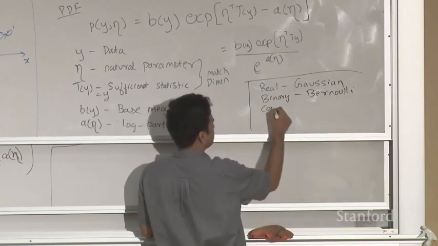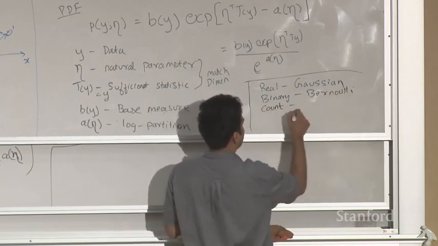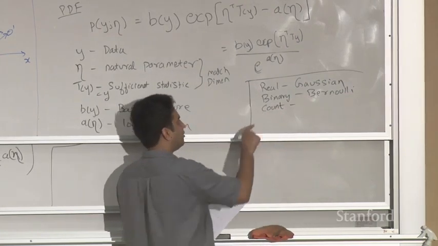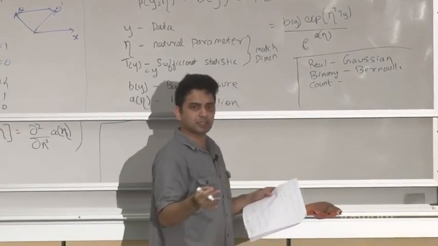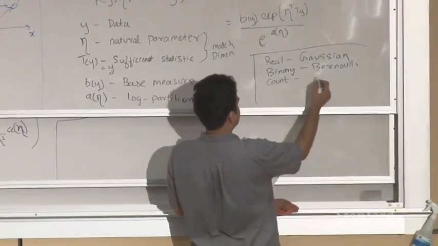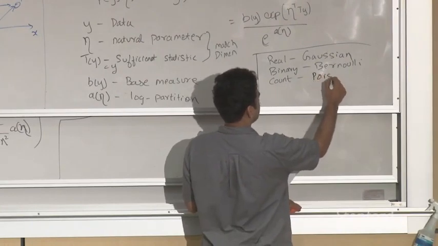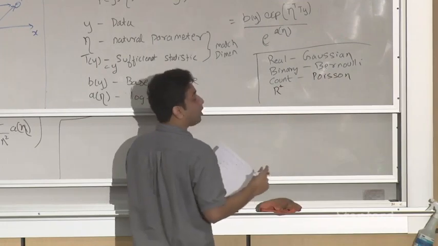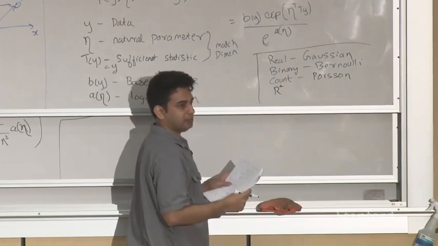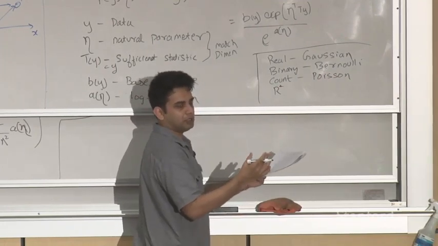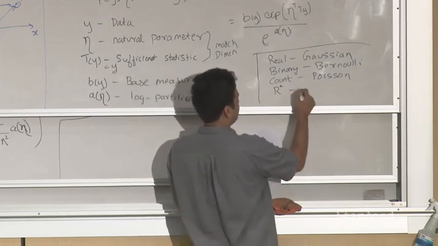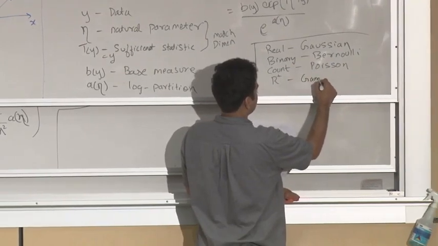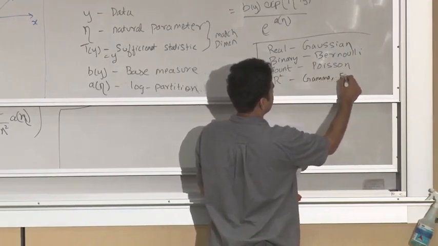If you have counts, by counts I mean non-negative integers, but not anything in between, you can use a Poisson. If you have positive real valued data, like the volume of some object or the time to an event, where you're only predicting into the future, here you can use gamma or exponential.